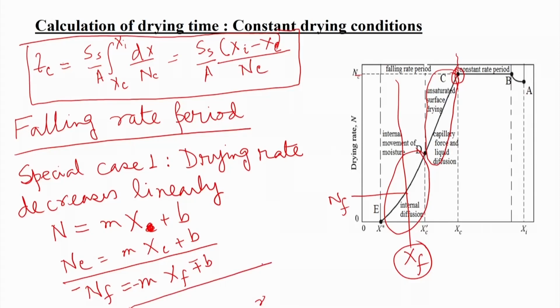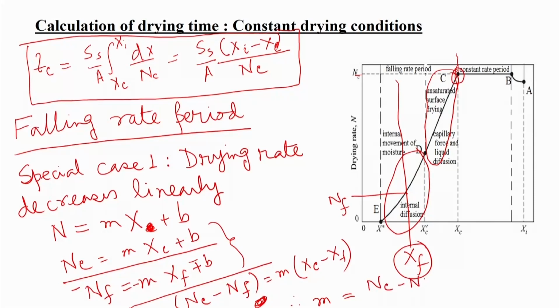So, from these two equations we get n c minus n f is equal to m into x c minus x f, or m will be equal to n c minus n f by x c minus x f.